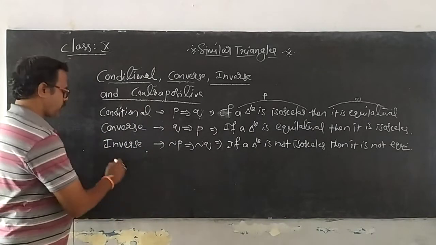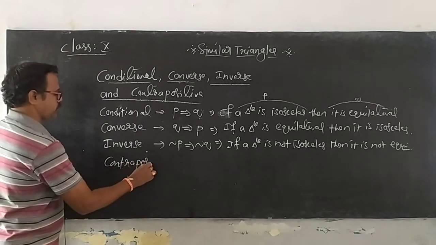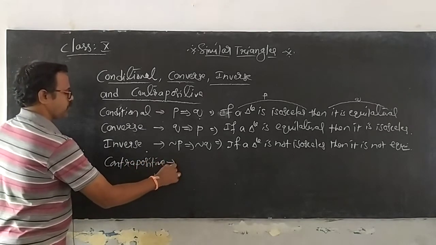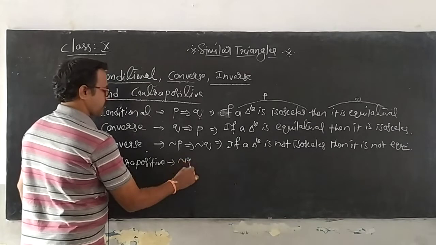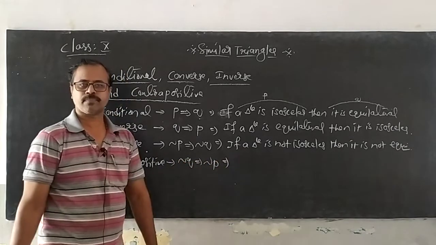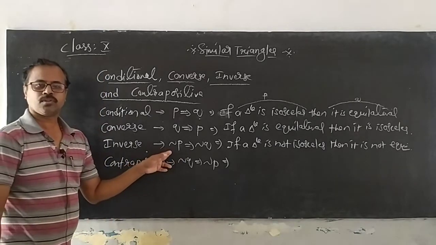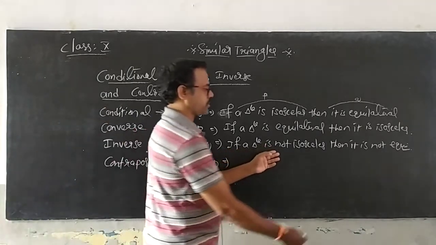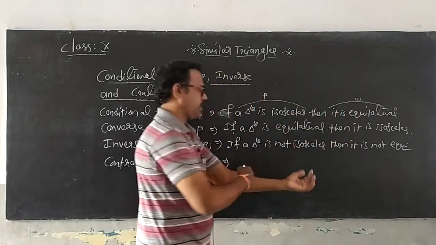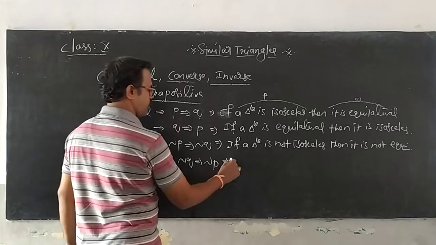Now I want to write the contrapositive. So contrapositive, you take negation Q implies negation P. That means it is nothing but the converse of the inverse. You change the hypothesis and conclusion of the inverse, and it becomes the contrapositive. So how do you write it?